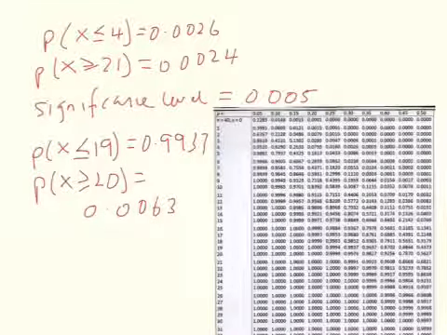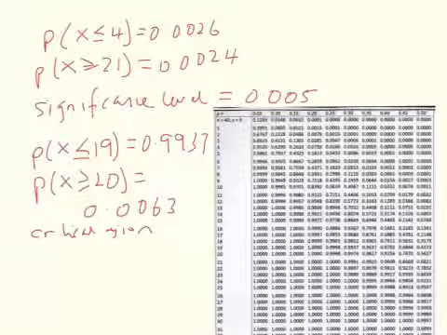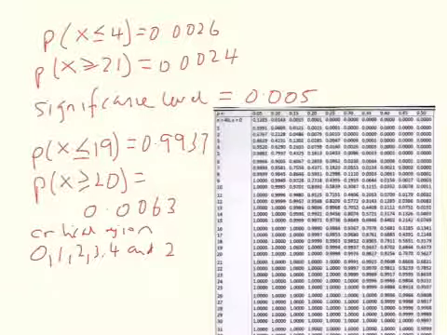So if we were looking simply to make it as close to 1% as we could, our critical region would be, let's just write this out, as it was before, which was 0, 1, 2, 3, 4, and the numbers from 20 up to 40.